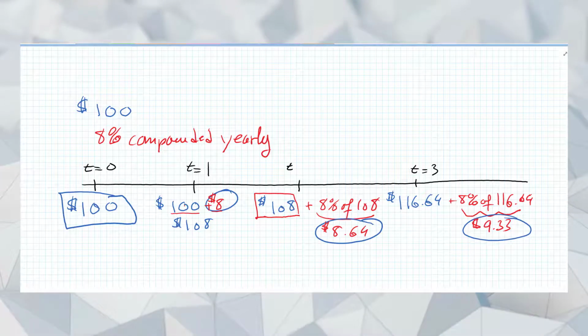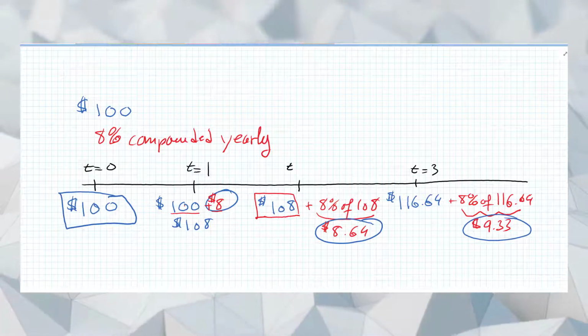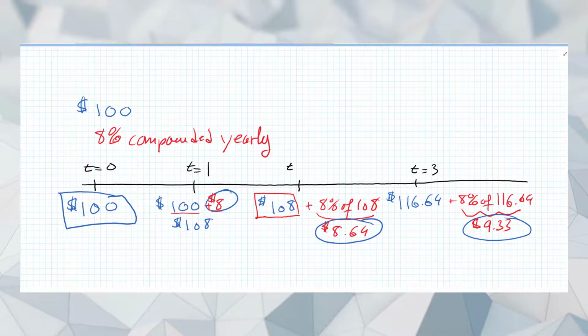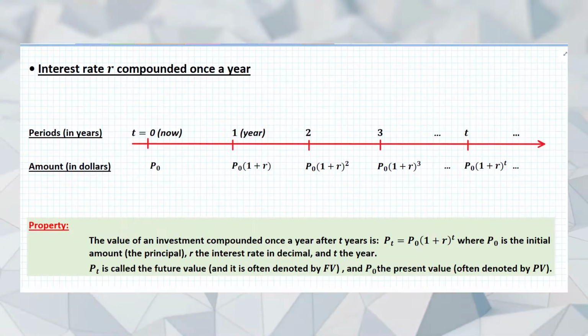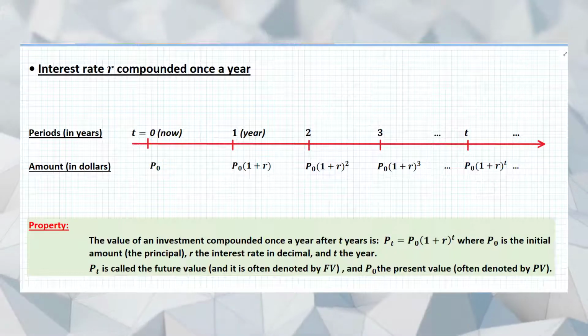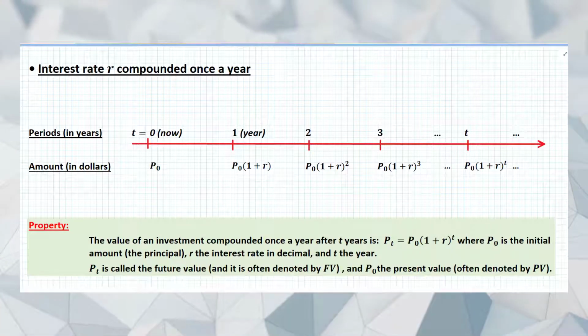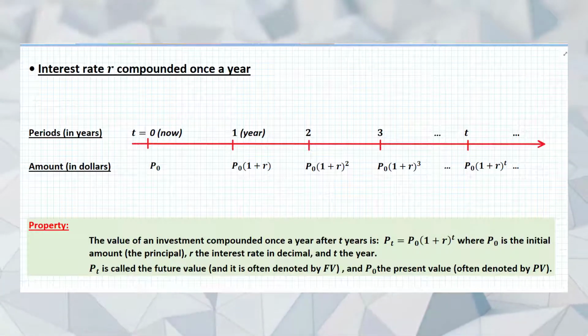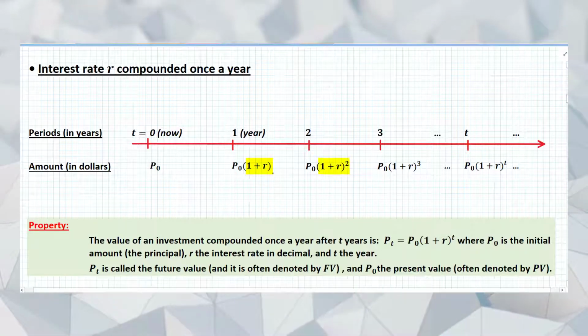The formula for an investment compounded once a year is then very easy to derive. You keep on increasing the amount invested by the percent interest every single year. This is what we covered in the second lesson, right? And so every single year you multiply the original amount by 1 plus r.